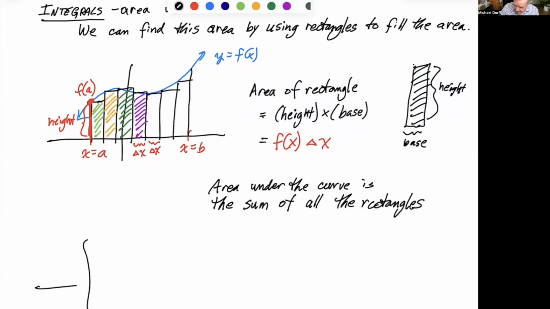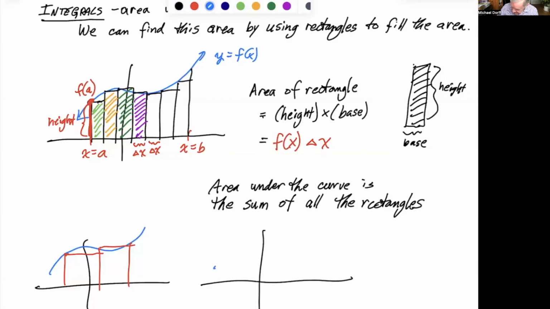For example, if I have a curve that looks like this, and I do 2 rectangles, I get something that looks like that. But if I increase the number of rectangles, you can see that my approximation is better and better. The approximation on the right is better than the approximation on the left.